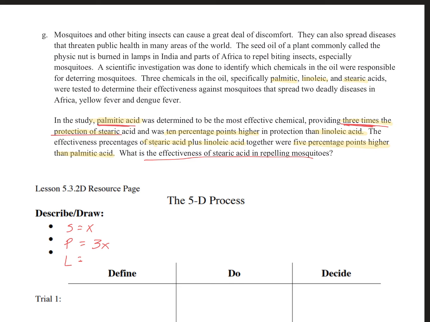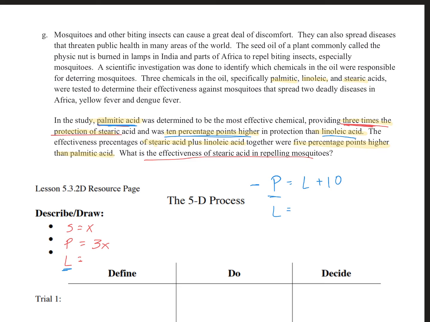So I'm going to go in a different color and do some work over to the side here. It says that palmitic acid was 10 percentage points higher than linoleic. That doesn't seem too complicated. So palmitic acid is equal to linoleic acid plus 10. But I want an equation for L, and right now this is solved for P. So I need to rewrite this equation as L equals something.